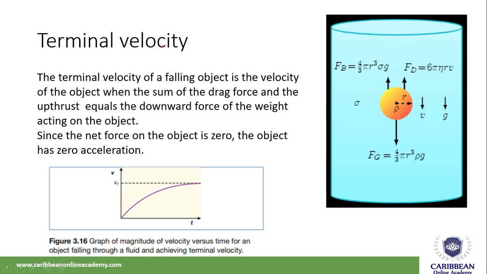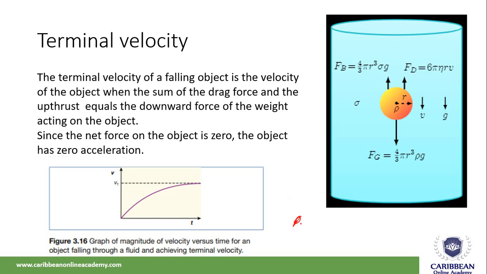We say that the object is at terminal velocity. And once that happens, the net force on the object is equal to 0, which means that there's no acceleration at that very point, because acceleration has to do with change in velocity.